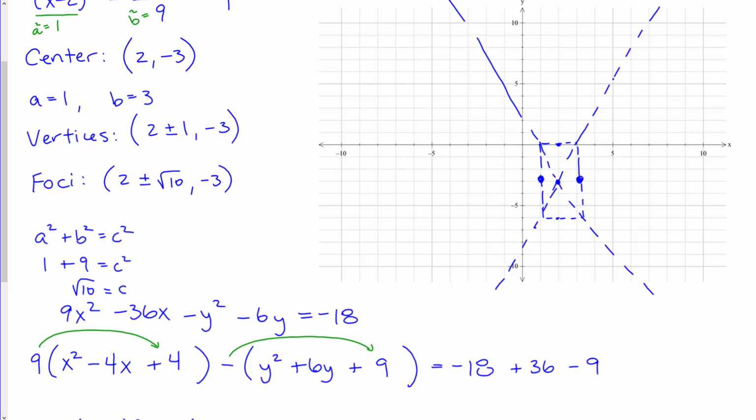All right, so 1, 2, 3.2, 1, 2, 3.2. So there's our foci. And then the hyperbola itself just kind of looks like a parabola going both directions, but bends toward these asymptotes. And there we have it.